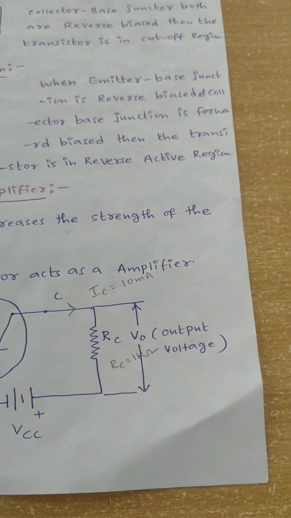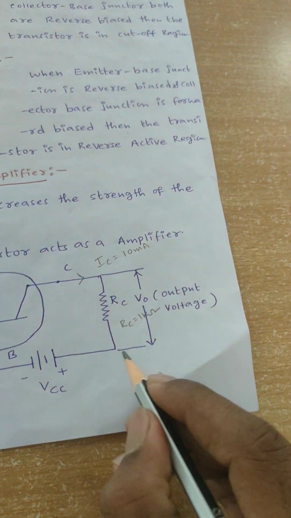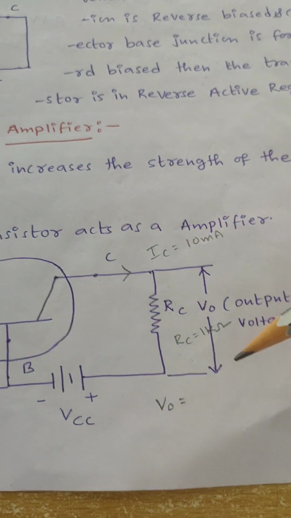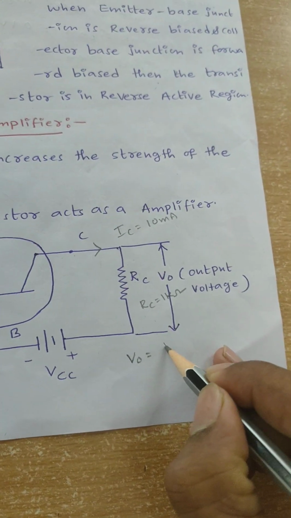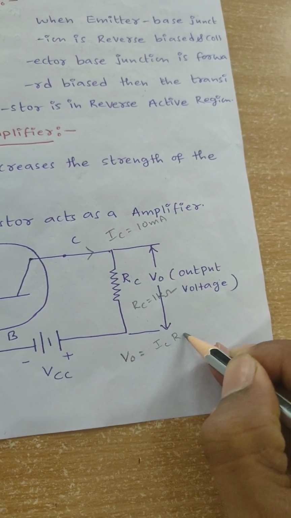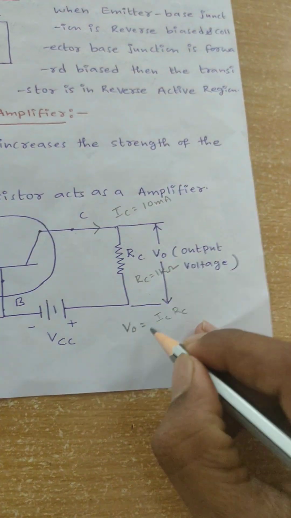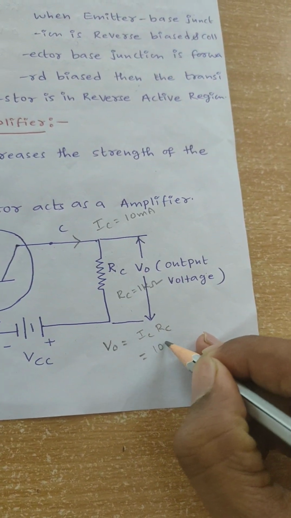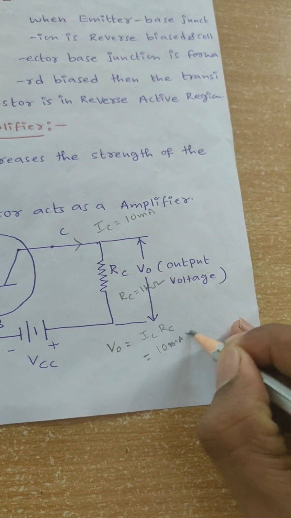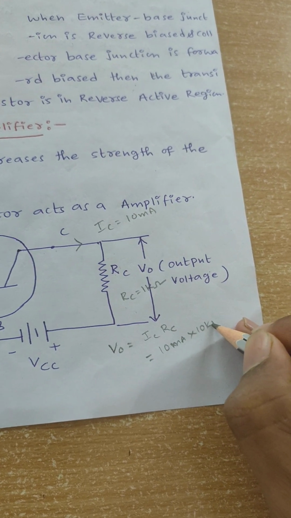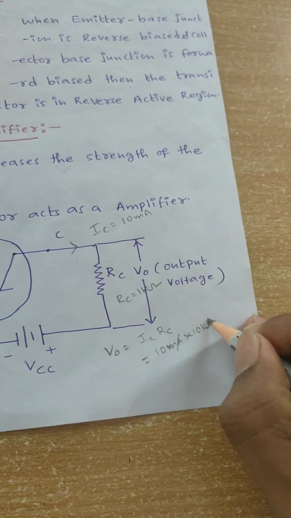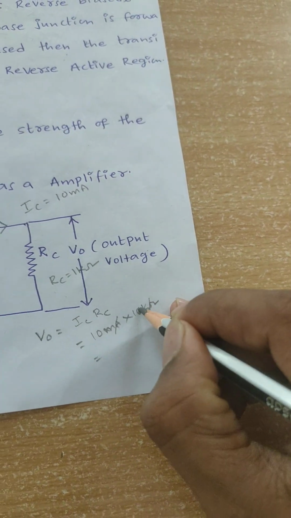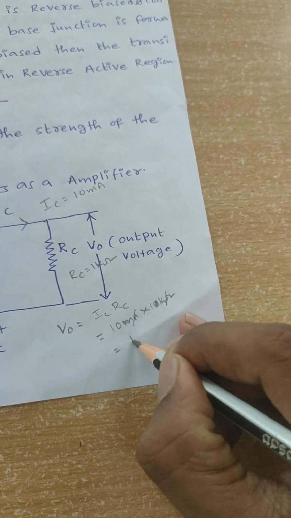When this large resistance is connected, the output voltage V0 is the current flowing through the branch times the branch resistance, that is IC into RC. So V0 equals 10 milliamperes into 1 kilo ohm. Sorry, it is 1 kilo ohm, and 10 into 1 gives 10 volts.